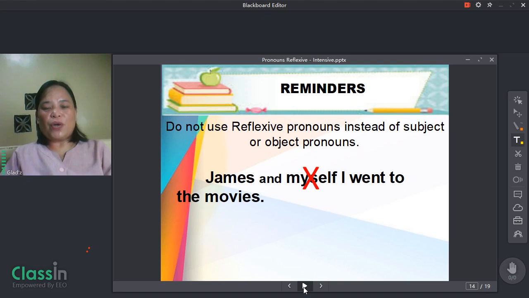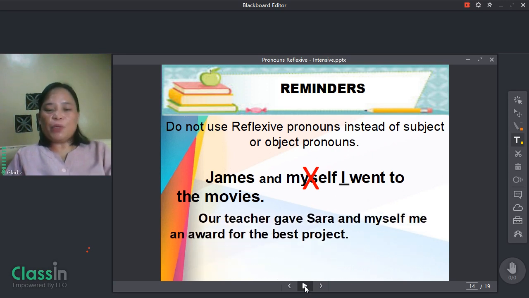Instead of the reflexive pronoun myself, the correct pronoun to use is the personal pronoun I. So to make it correct, we have James and I went to the movies. Remember, class, we cannot use a reflexive pronoun as a subject in the sentence.